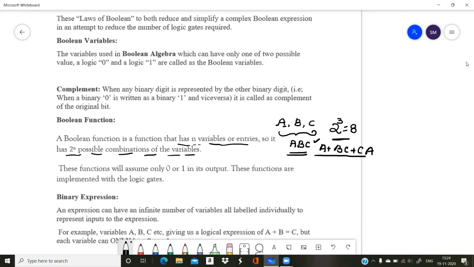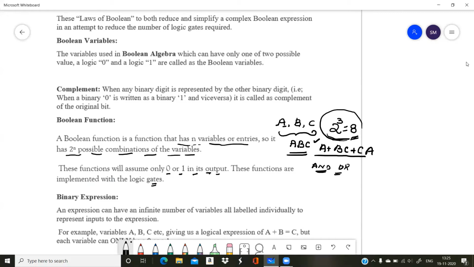Okay, for example, these will assume 0 or 1 in their output. They are implemented with the logic gates. So we can use any logic gate, AND gate or OR gate or NOT gate, any gate we can use. So the total possible combinations which are done using three variables are 8, and those 8 combinations are called the functions.